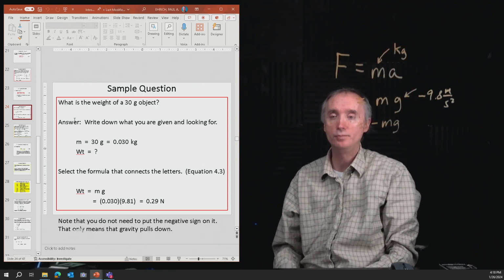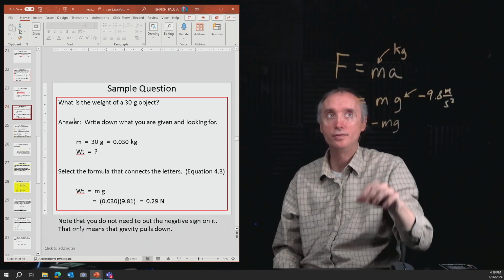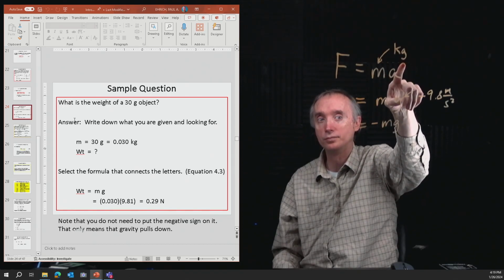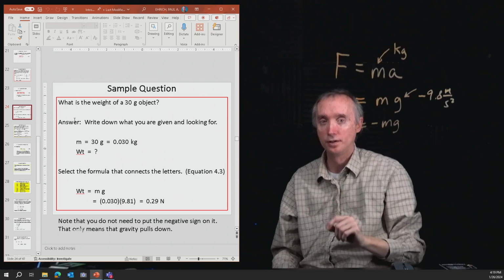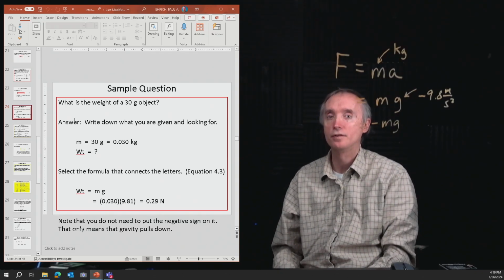It's like the only metric unit that has a prefix on it. You might think that the official metric unit for mass ought to be the gram, but it's not. It's the kilogram. So the first thing we've got to do is change the mass from 30 grams into kilograms.